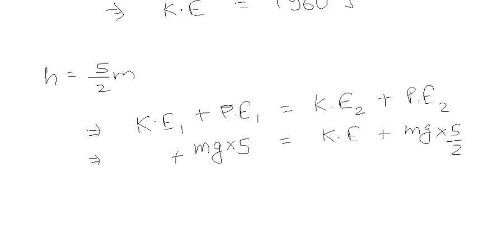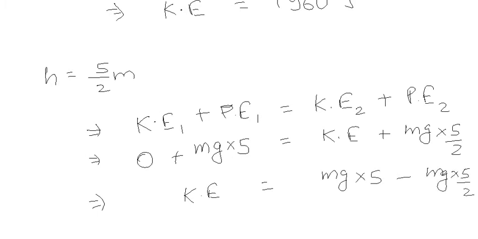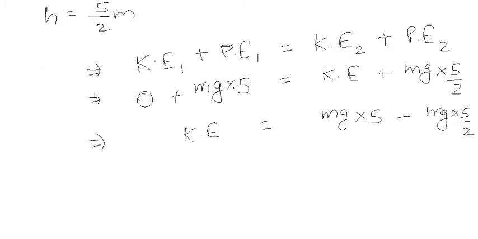At the upper position, its kinetic energy will be 0. So now kinetic energy at its halfway is mg5 minus mg cross 5 by 2. So kinetic energy will be mg cross 5 by 2 joule.